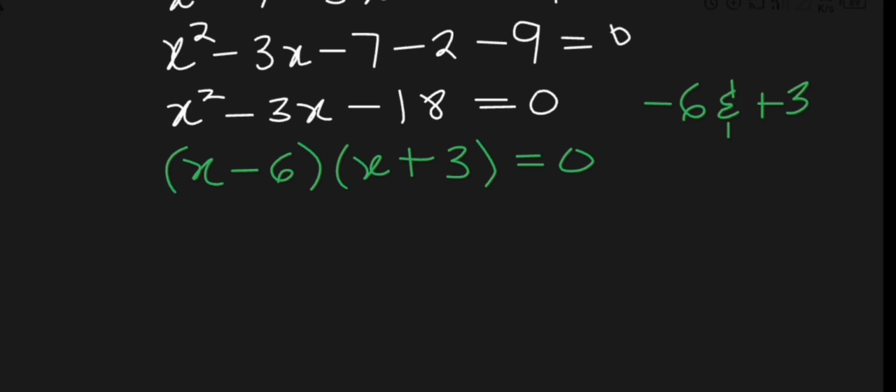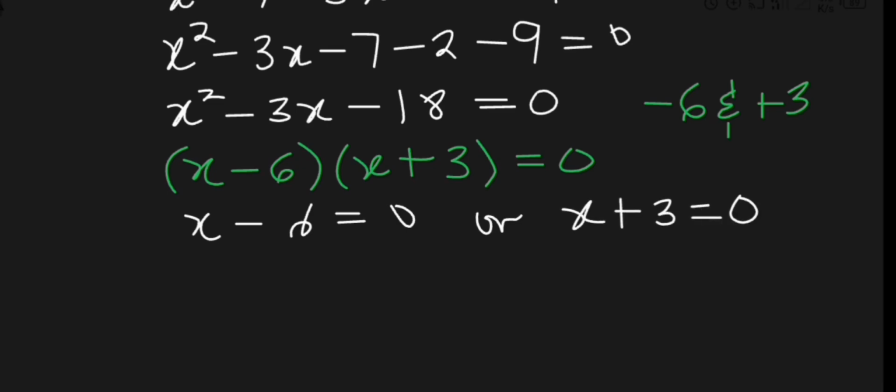By the zero product property, the product will be 0 when x minus 6 is 0 or x plus 3 is 0. And when x minus 6 is 0, then x is going to be positive 6. And when x plus 3 is 0, x is going to be negative 3.